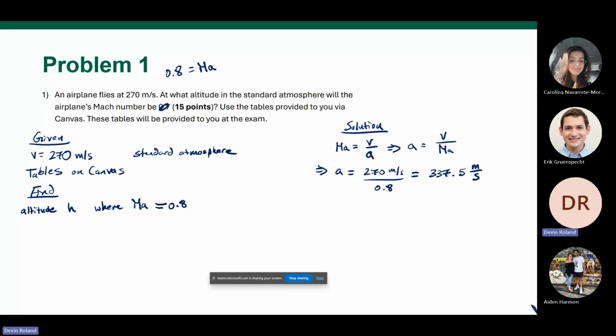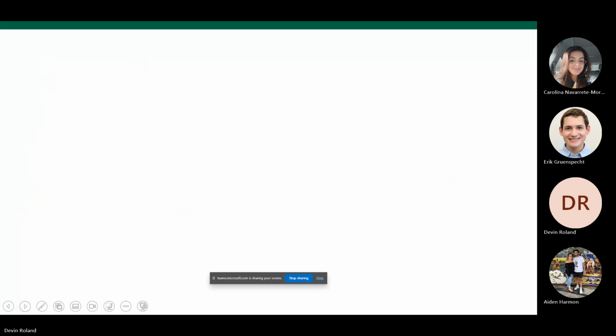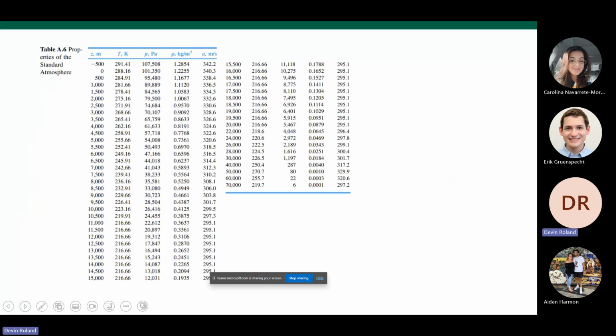Okay, so if we reference table A4, which is right here, this is what will be provided to you, and this is on Canvas as well. We have this 337.5 meters per second, and we can look at this table at, I'll circle it, this section right here.